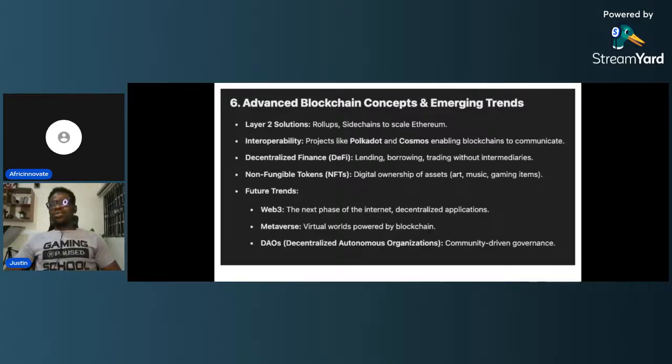So in blockchain, there's what we call the trilemma. In that trilemma we have decentralization, scalability and security. No blockchain has attained all three aspects.